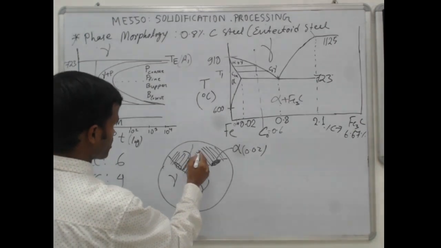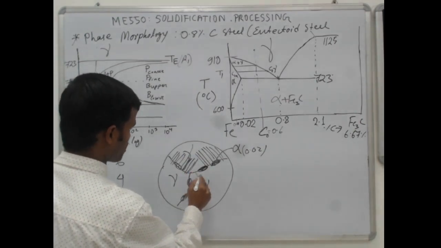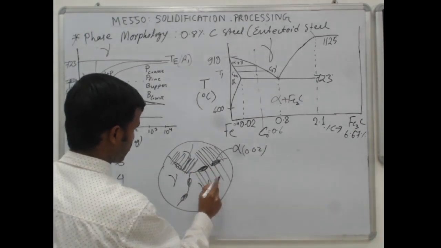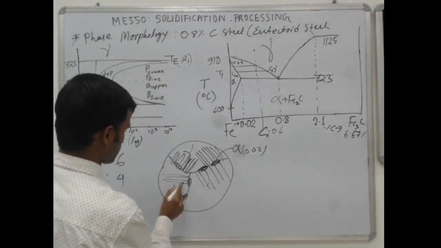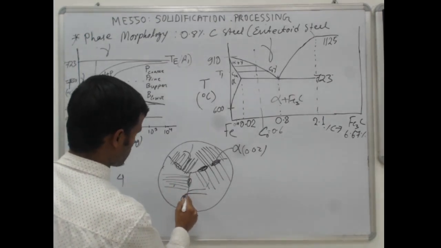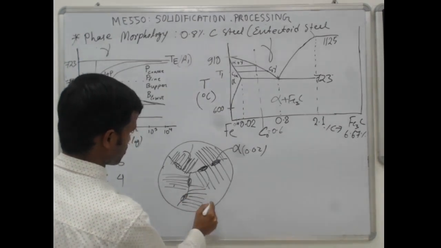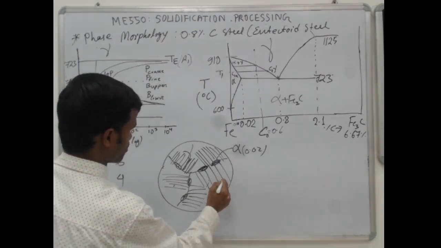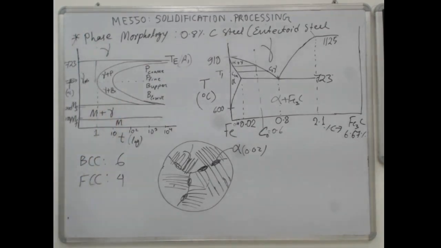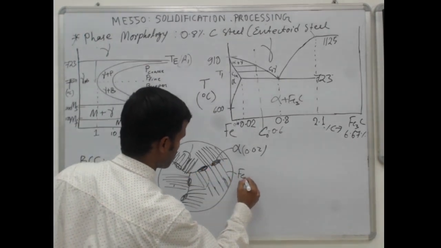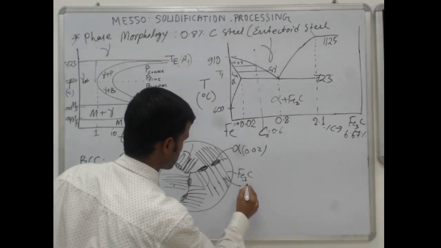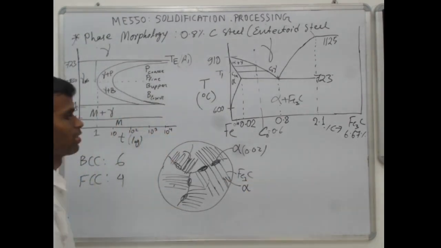So it will become a lamellar structure of alpha and Fe3C. All the austenite will be gone. So this is how you have alpha, this is Fe3C, here you have again ferrite.